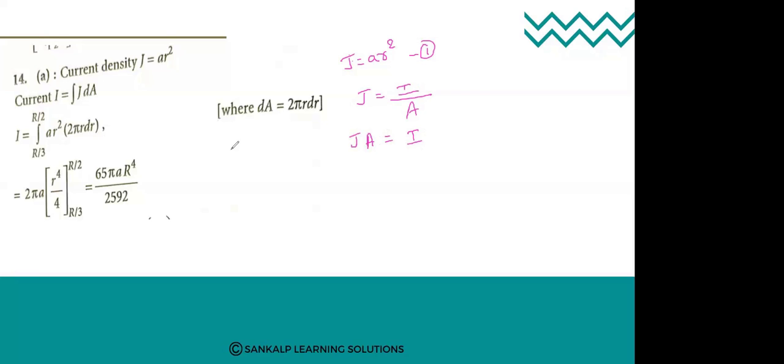But here they have specified that the current is changing between the radius R by 3 to R by 2. Whatever values are given, you need to consider them as the limit range. Now we need to consider the area as dA, so I is equal to the integral of J into dA, with the range from R by 3 to R by 2.